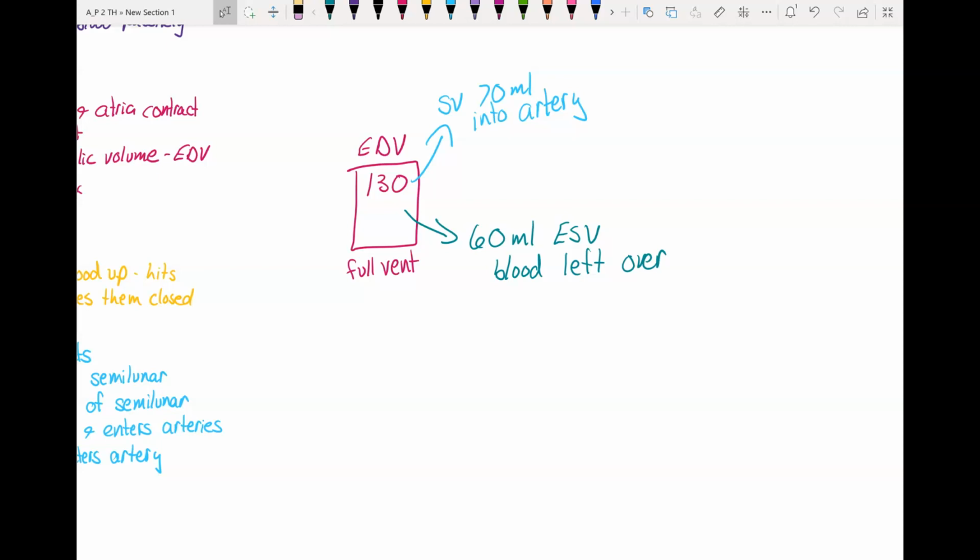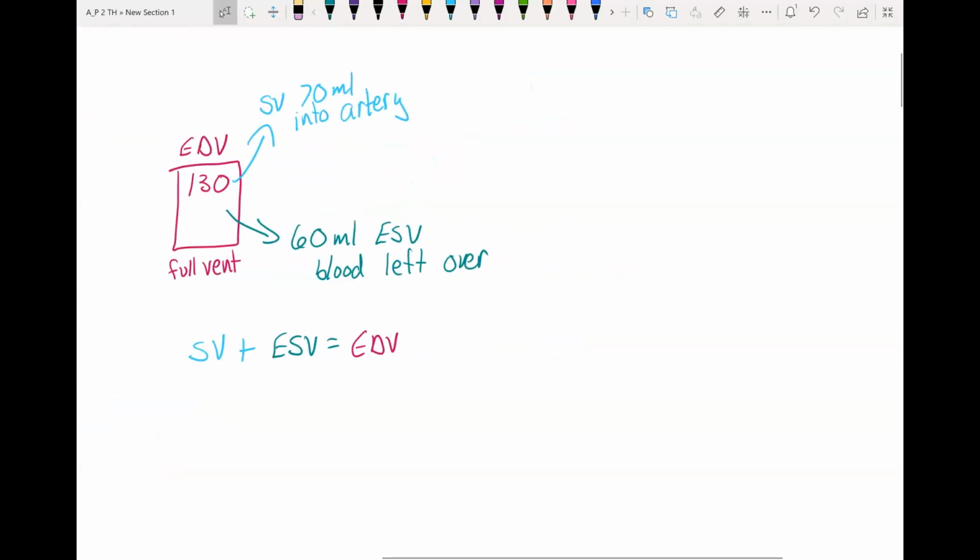Okay, so you start with 130, you pump 70 into an artery, you have 60 left. So anytime you know two of these numbers, you can figure out the third, because stroke volume plus end systolic volume will equal end diastolic volume. So if you know two, you can figure out the third. The other thing we can do with these numbers is calculate the ejection fraction.